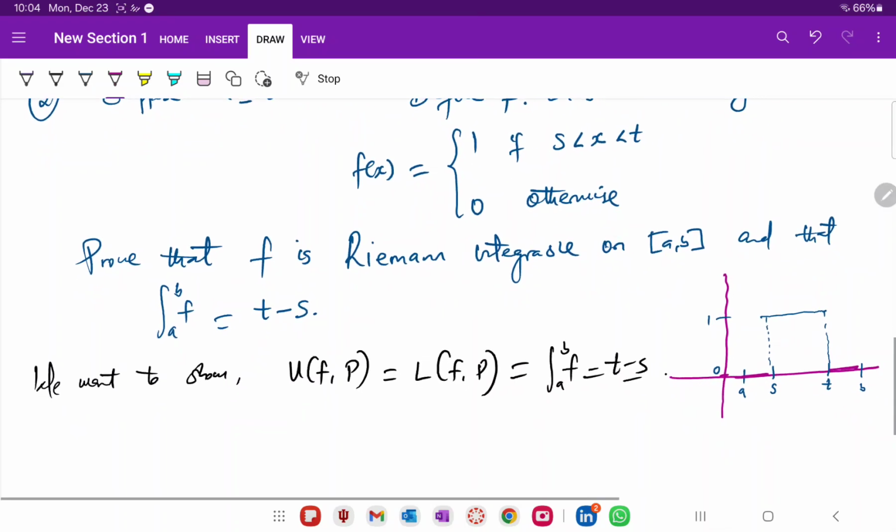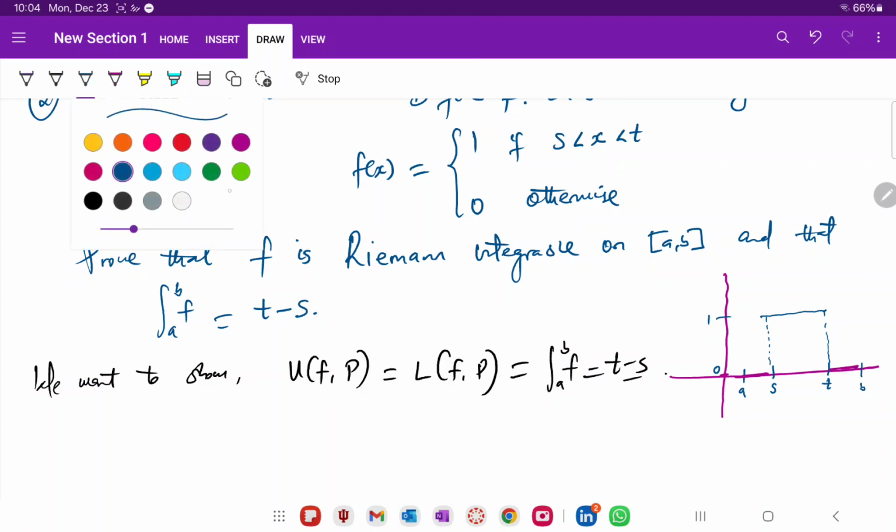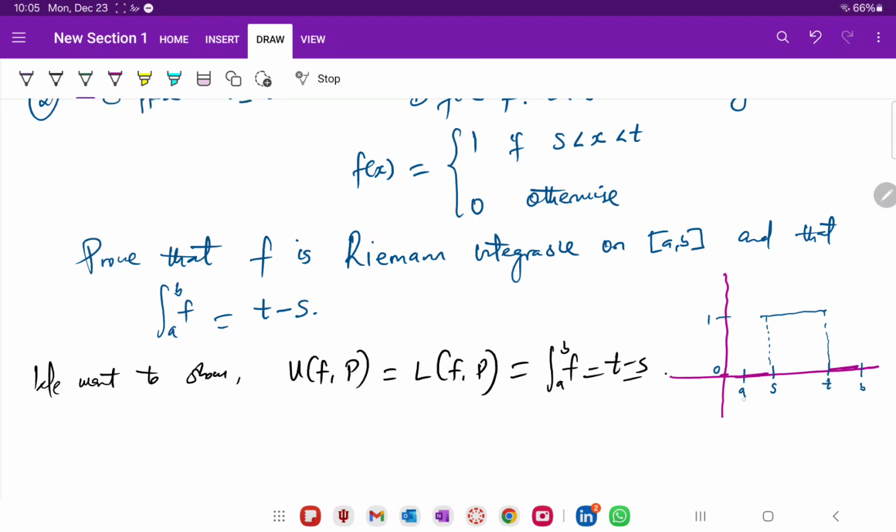So now we need to define our partition, and we need to be very careful with the way we define our partition so that we're able to capture the entire point of continuity and then discontinuity. So let's define our partition in this form. Let's say our a to be x0, and then define another point here, and let that be x minus 1 over n.